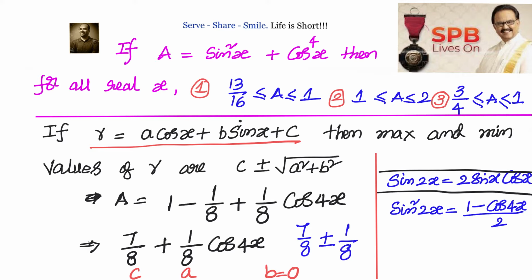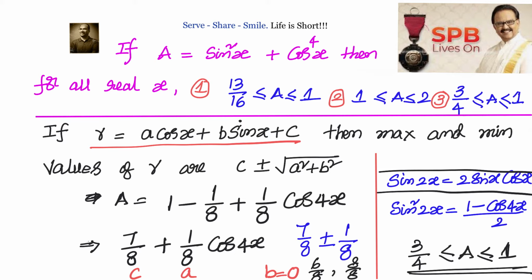Now simplify that. 7 by 8 minus 1 by 8 is 6 by 8, and 7 by 8 plus 1 by 8 is 8 by 8. That means 3 by 4 is less than or equal to a, which is less than or equal to 1. So the a values will be between 3 by 4 and 1, including the boundaries.